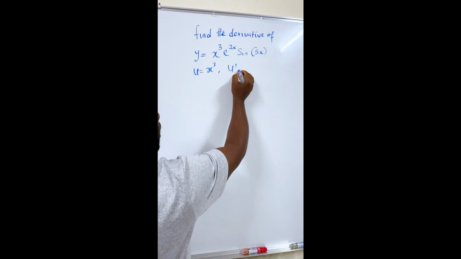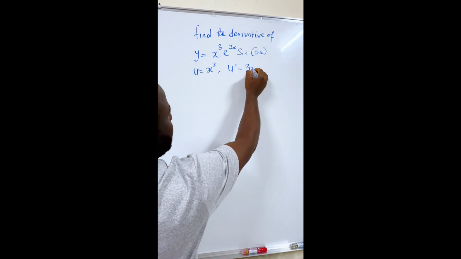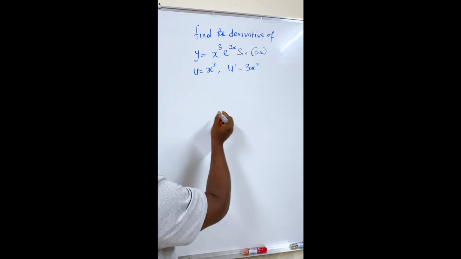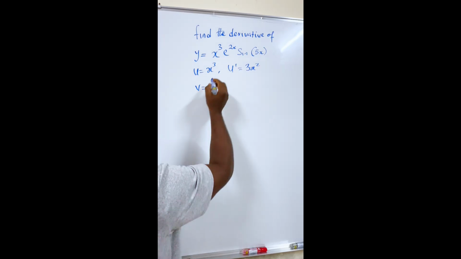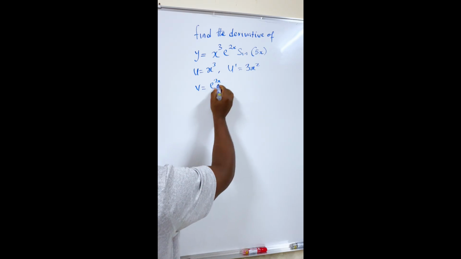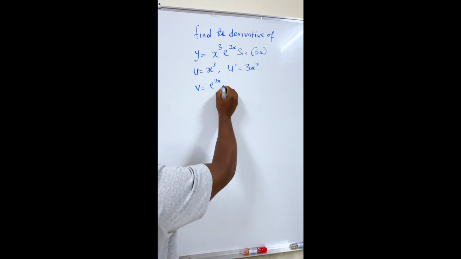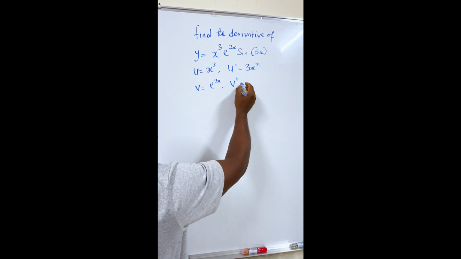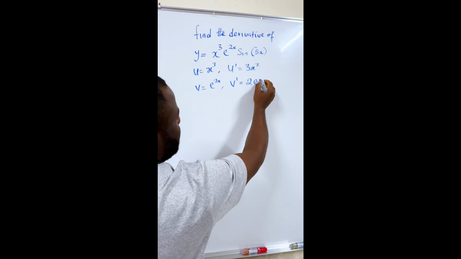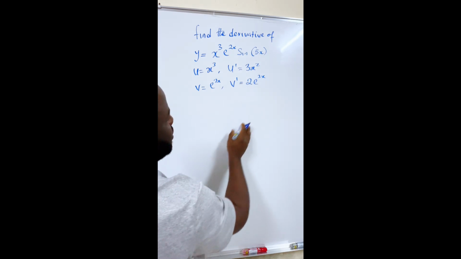So u prime is going to give us 3x squared, right? Then let's talk about v equals the exponential, e to the power of 2x. Then the derivative of that, v prime, will be 2e to the power of 2x.